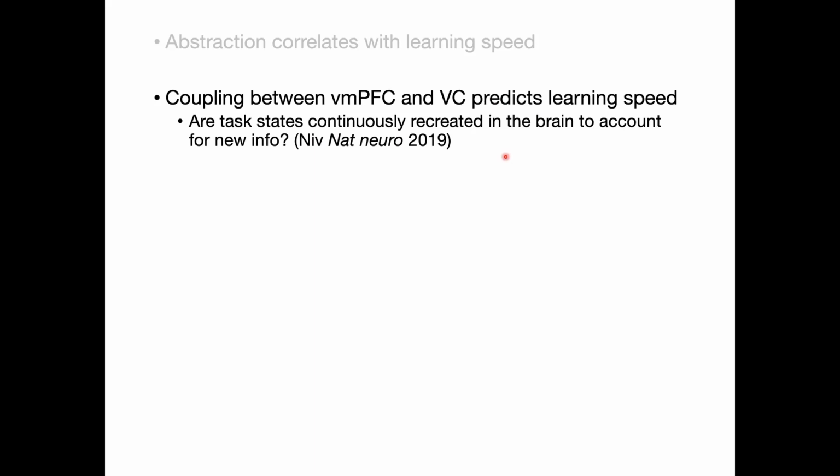But from a more ecological viewpoint, in the real world, information in general tends to change quite often and to be noisy, stochastic, unpredictable, so it makes sense to have this coupling between sensory areas, value coding, and abstraction areas that is ongoing and can re-represent the same task states over and over.